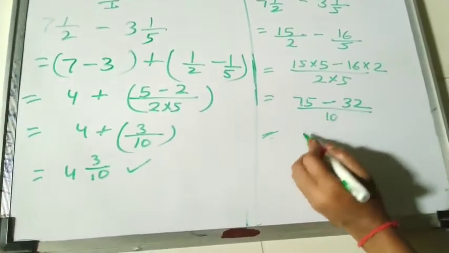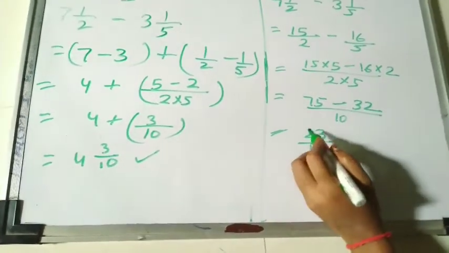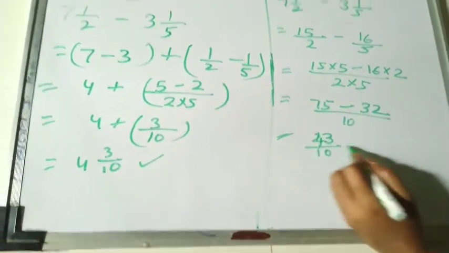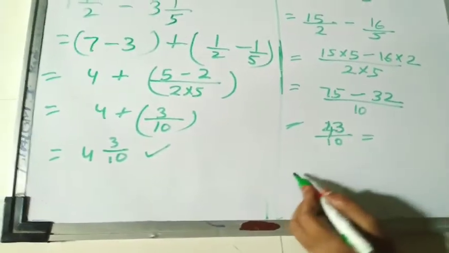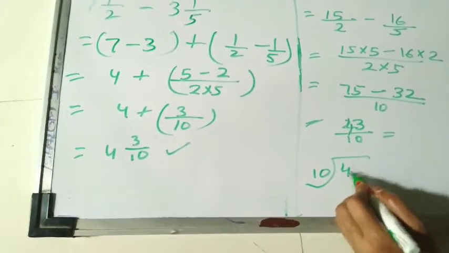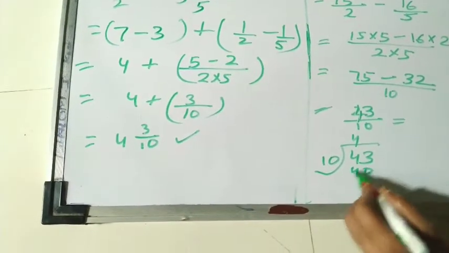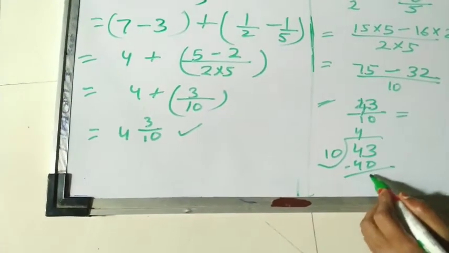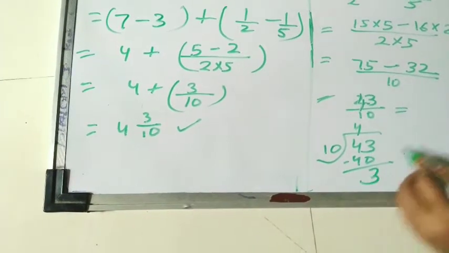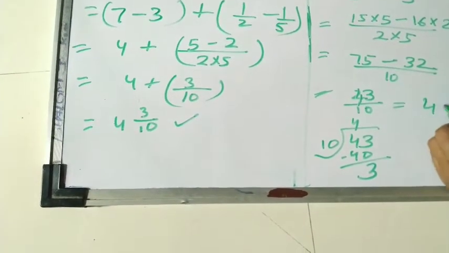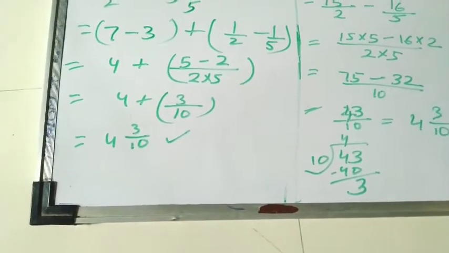What is the answer? 75 minus 32 is 43 by 10. You will change it: 10 divided into 43, 4 times 10 is 40, and 43 minus 40 is 3. It means 4 upon 3 by 10 is the answer.